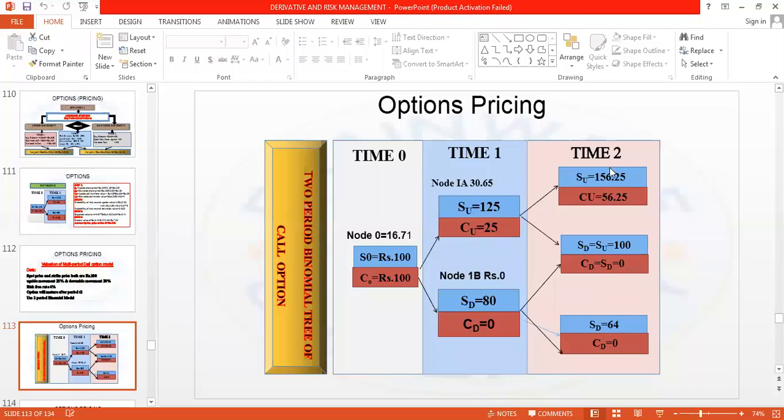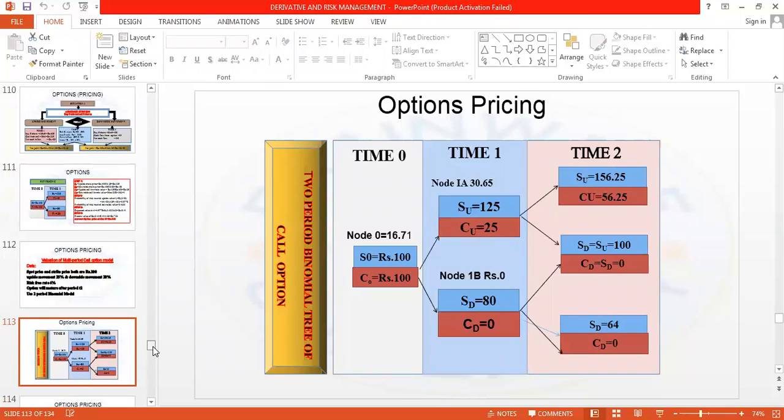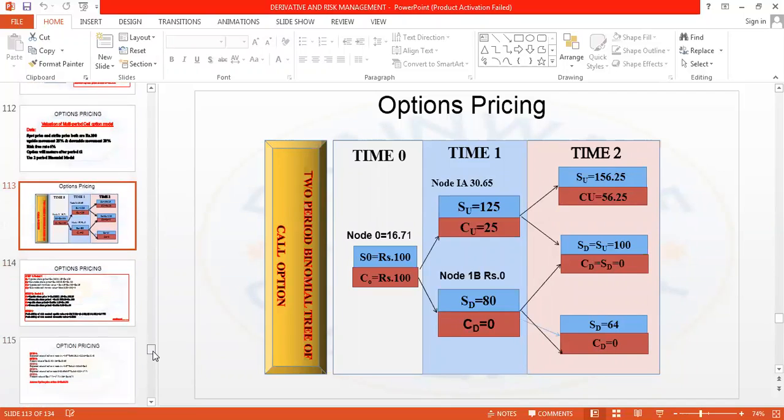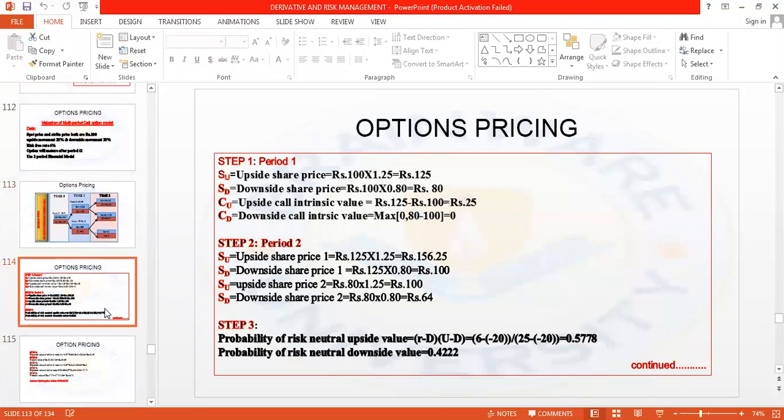On the basis of this, we will now try to calculate the premium in the next slide. In the next slide, just look at the steps that we have followed. First, consider step 1.